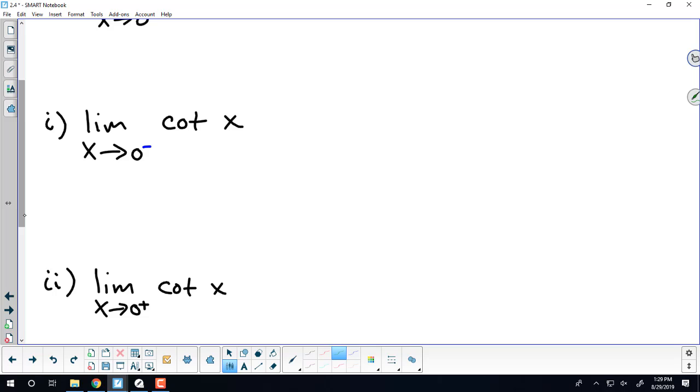I guess if you have a calculator, you can just plug stuff in, but I'd rather you not do that. I think it's much more beneficial to be able to analyze these things. I don't know that I would say 100% of the time, but almost every time you have cotangent, tangent, secant, cosecant functions, I think it's a lot more helpful to think about them in terms of sines and cosines. So let's think about cotangent in terms of sine and cosine.